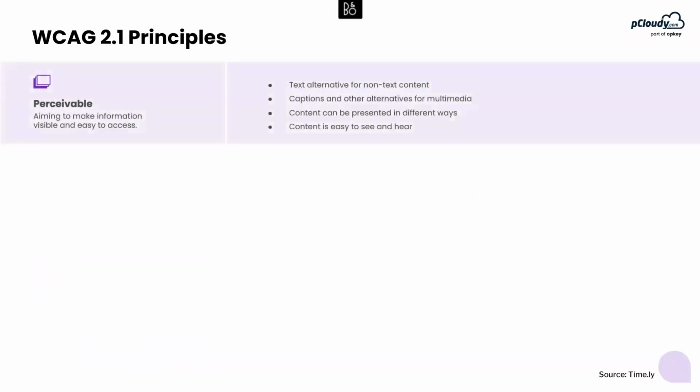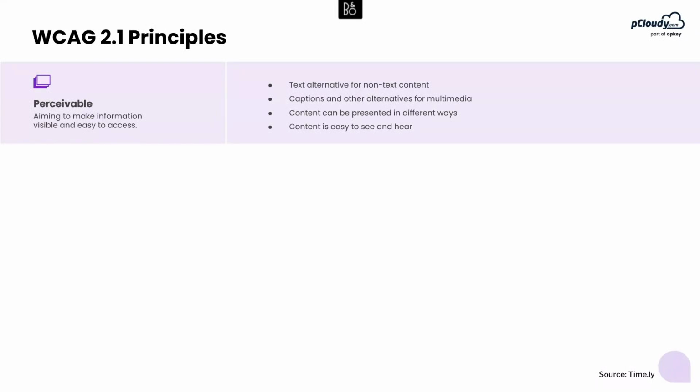So these are some of the principles of WCAG in practice. We have to make sure that the application is perceivable in terms of making the information visible and easy to access. So here are some key points, right? It talks about the text alternatives for non-text content, captions, alternatives for the multimedia, which we've just seen.